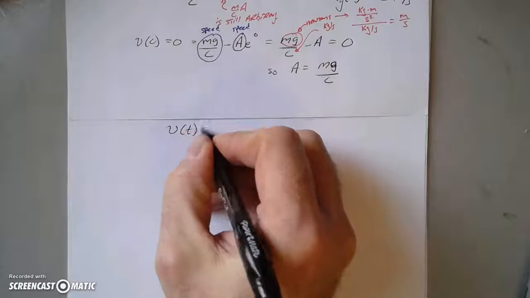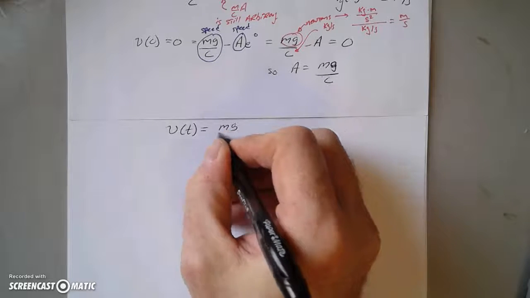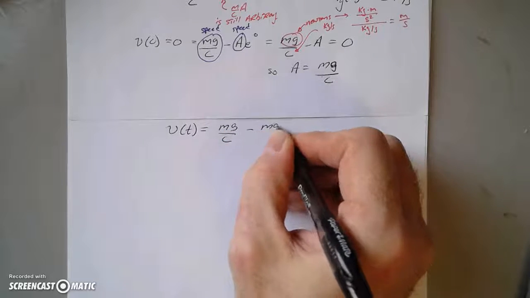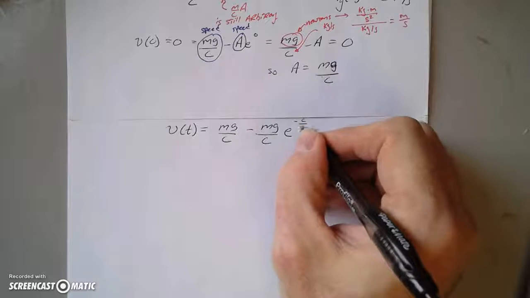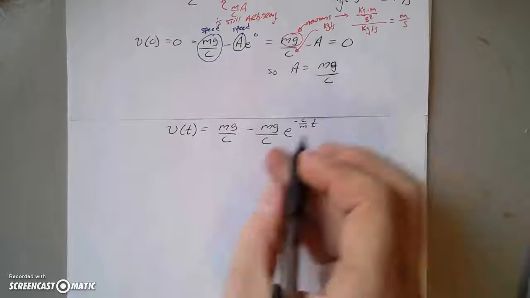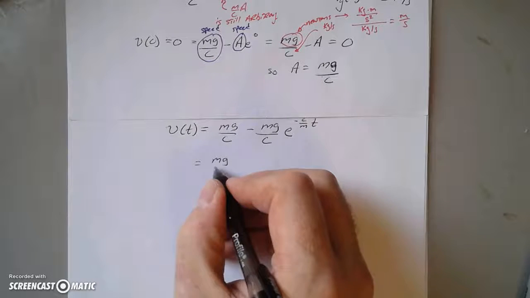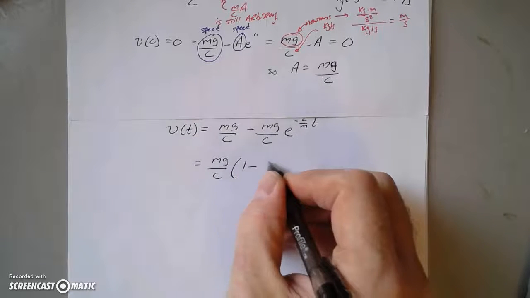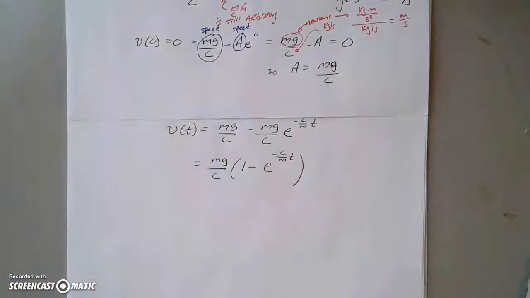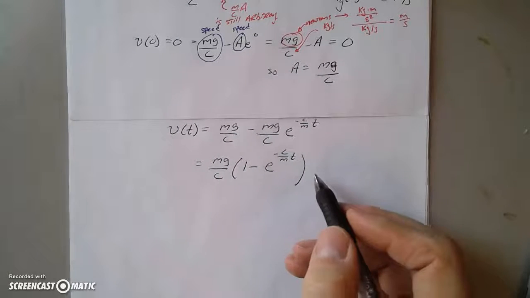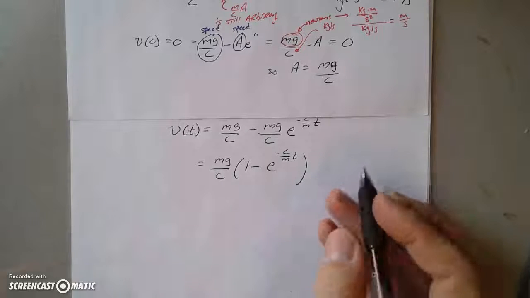So v of t is mg over c minus mg over c e to the minus c over mt. We can factor. Remember when you learned to factor? Well, this is why you need it. This describes what happens.